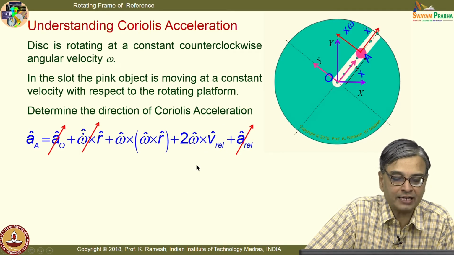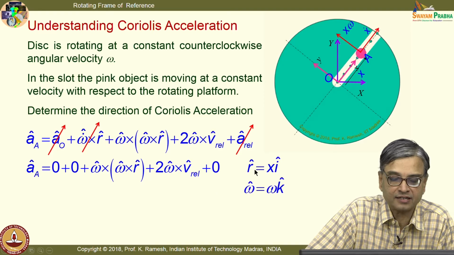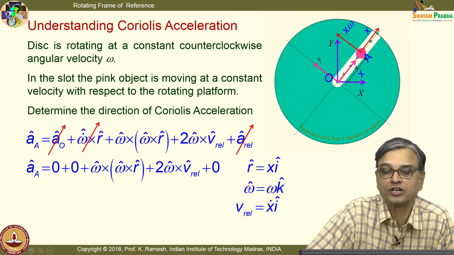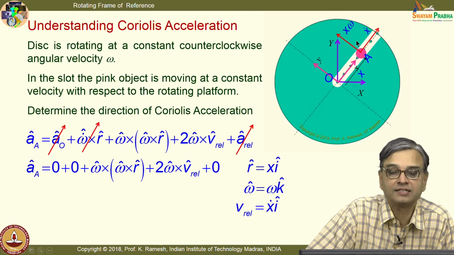And you have an expression for v_rel. You have r equal to x i, so v_rel is x dot i. That is what is shown as velocity x dot here. So, the particle A has a velocity x dot in this direction, and also a velocity component x omega in this direction.